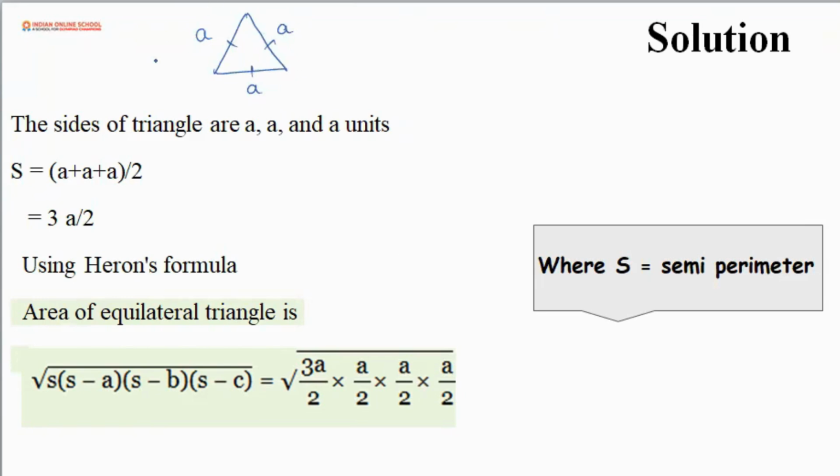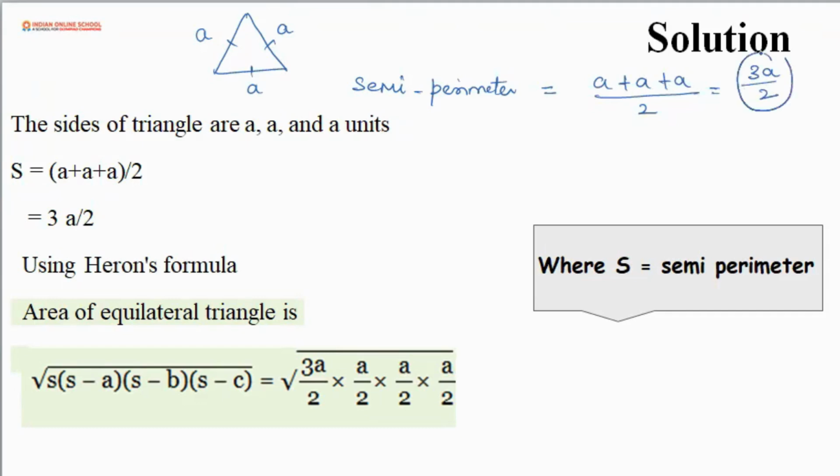Correct? So according to Heron's formula, first we need to figure out the semi-perimeter of the triangle. For finding the semi-perimeter, we just need to add all the sides of the triangle and divide it by 2. When we do this, we get 3a by 2.